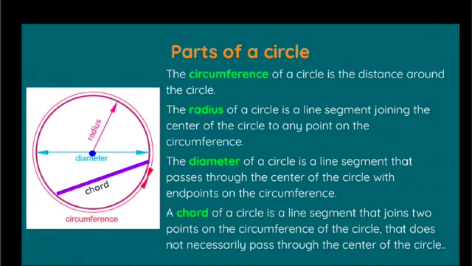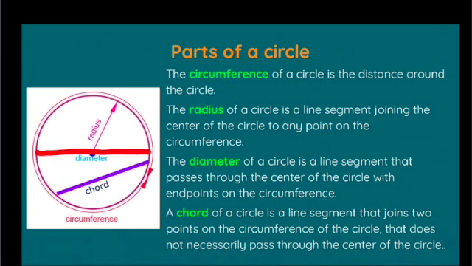Next, we have the chord of a circle. Again, that is a line segment that joins 2 points on the circumference, but a chord does not necessarily have to go through the center point of a circle. So this line here is the chord. It does not pass through that center point, but it still connects 2 points on the circumference of the circle. And we would call the diameter the longest chord that you can have.